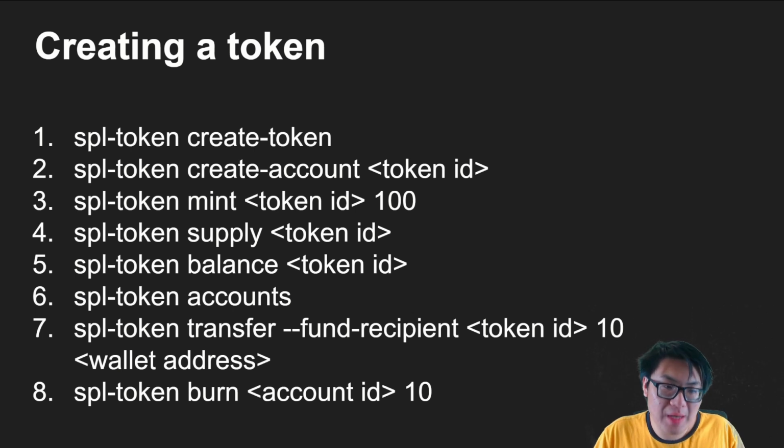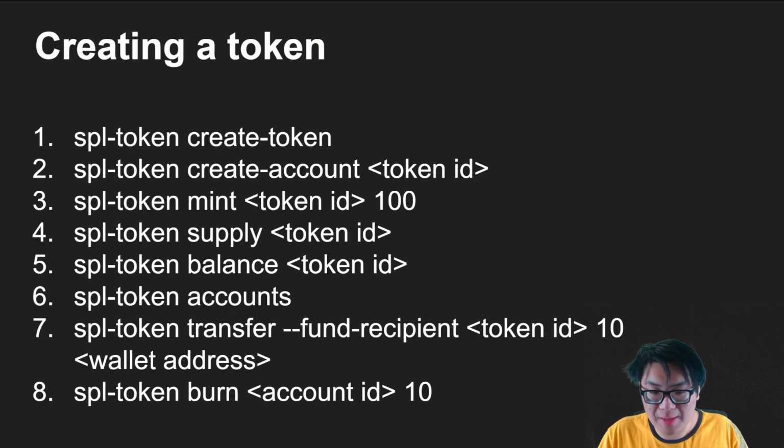And then once we have our account, we need to actually mint or create the tokens. And that's basically SPL token mint, give it our token ID, and then we just specify how many tokens we want to create. And the next command from line 4 and 5 is how we check the supply of our token.